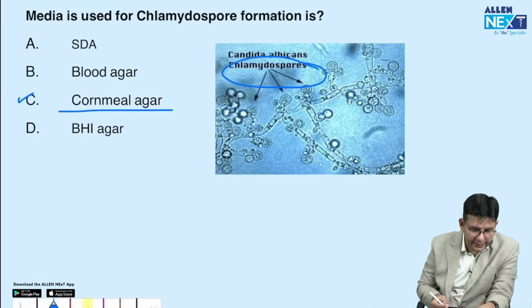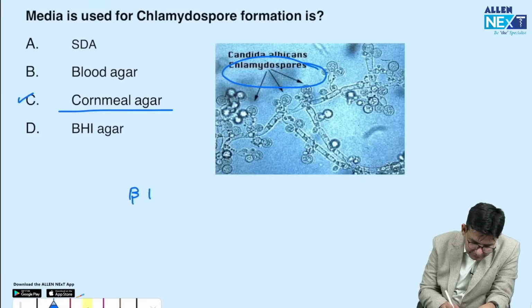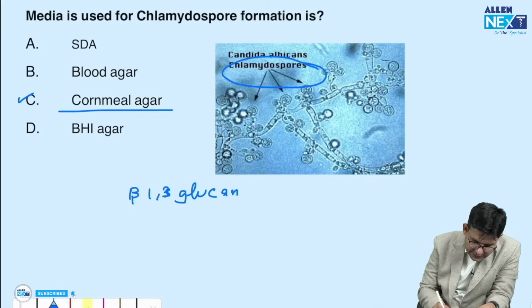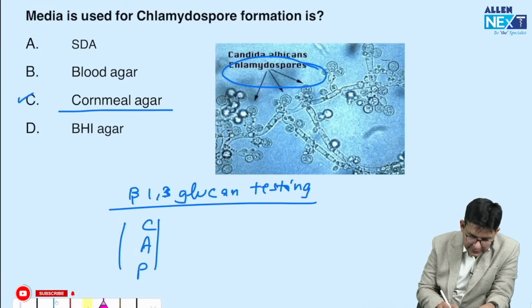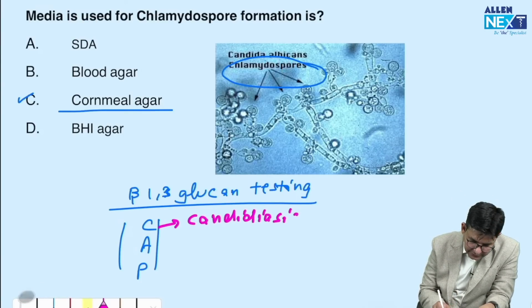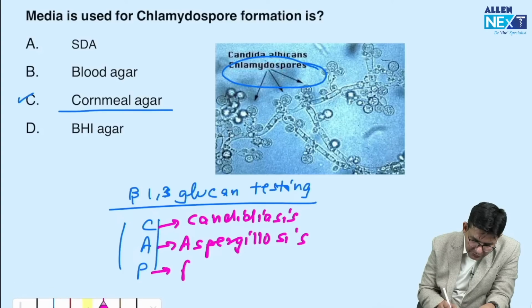Here I would like to ask you a question. Beta-1,3 glucan testing: what was the mnemonic of it, and what is there in this particular CAP? In this CAP, you have candidiasis, aspergillosis, and Pneumocystis jirovecii.